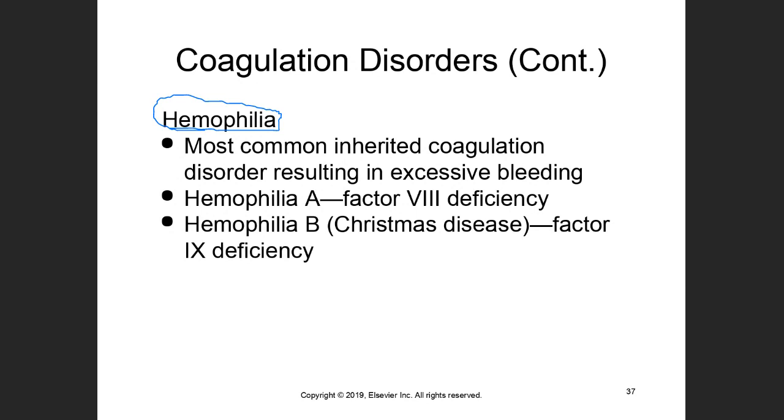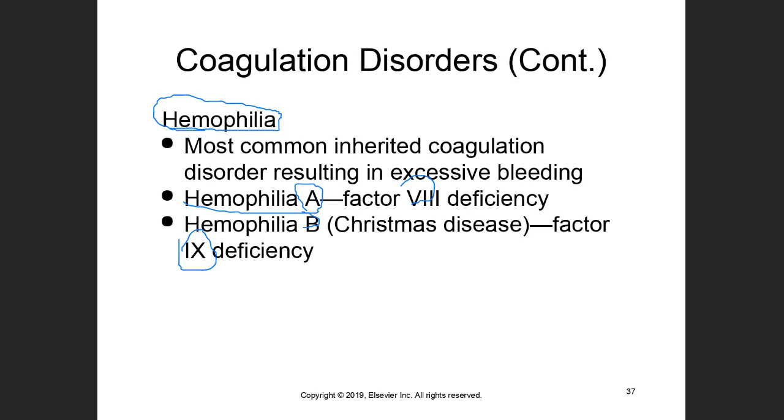Also remember that we have hemophilia C. It's not well described in all the books, but we have hemophilia C. Okay, what you have to know is hemophilia A, factor 8. Hemophilia B, factor 9.